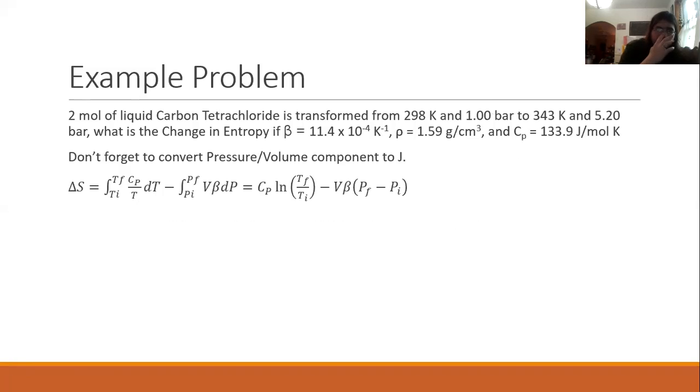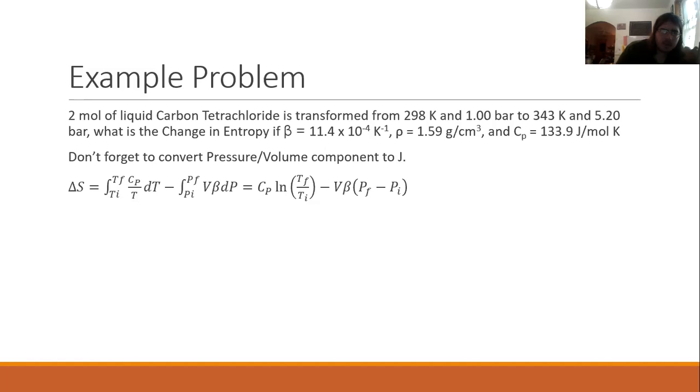Last thing, 2 moles of liquid carbon tetrachloride are transformed from 298 Kelvin at 1 bar to 343 Kelvin at 5.2 bar. What is the change in entropy if beta is this real number instead of a function, and density is this, so we have to convert our pressure into a volume.